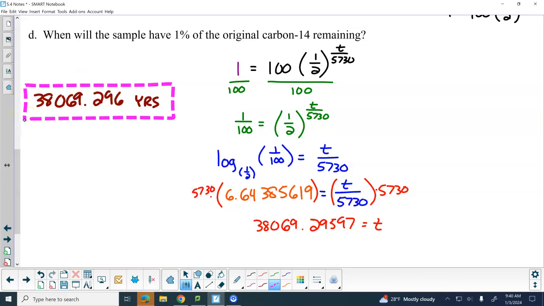Questions on that? Yes. My guess is you didn't put parentheses around the 1/2.